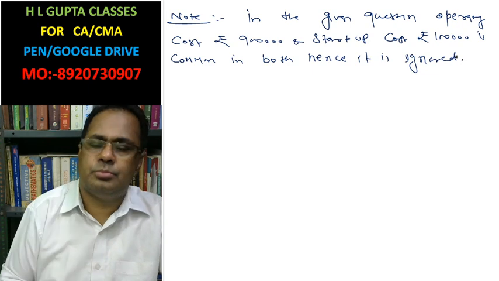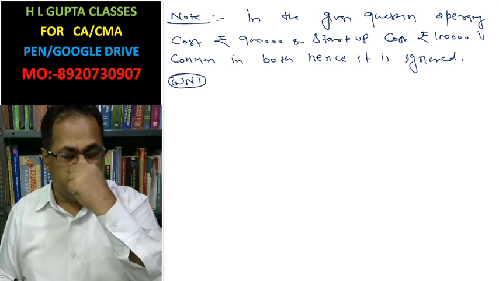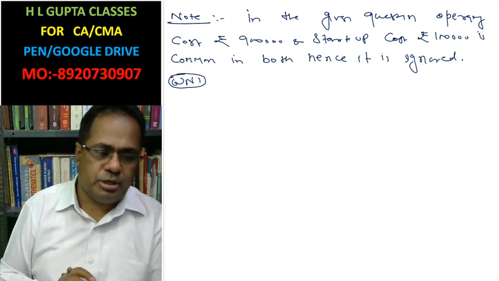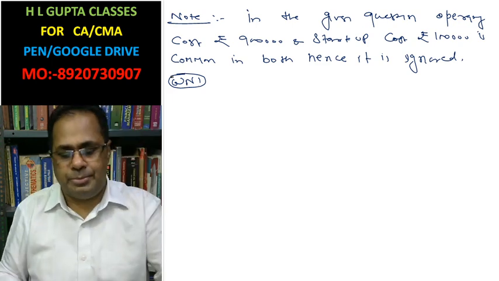Now, in working note this: to calculate present value, we need a discount rate. Information on the discount rate is not given. That's why the discount rate can be calculated here.